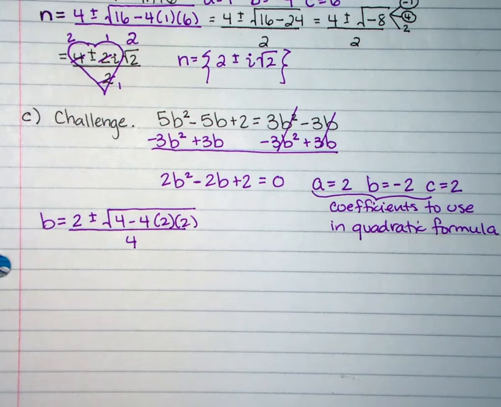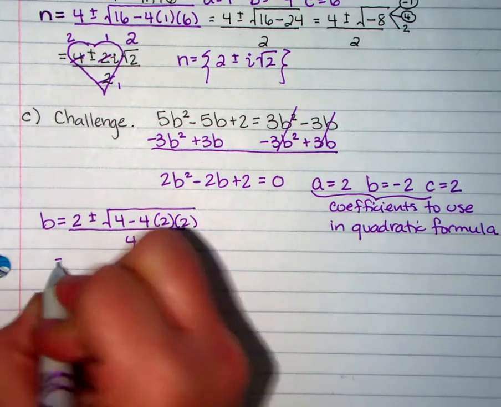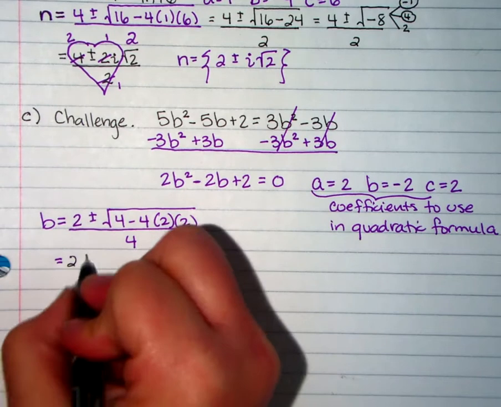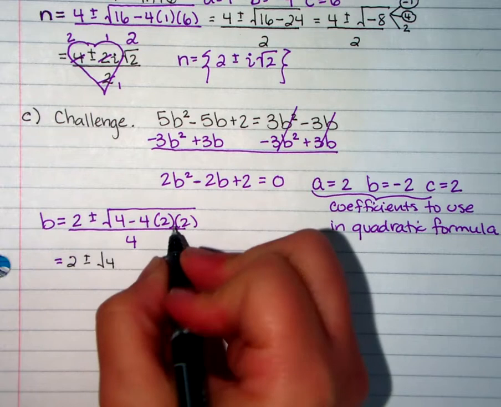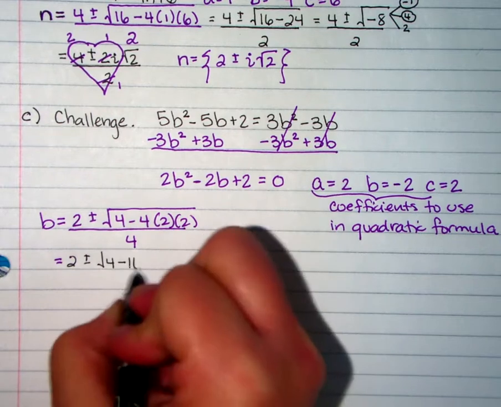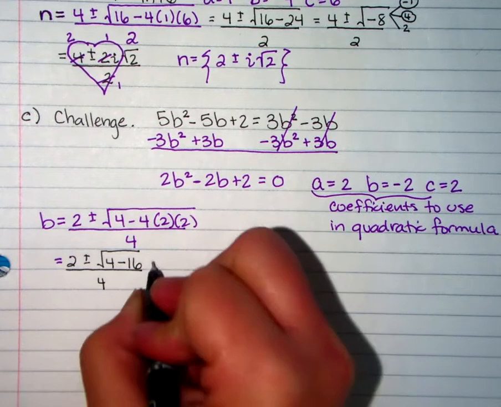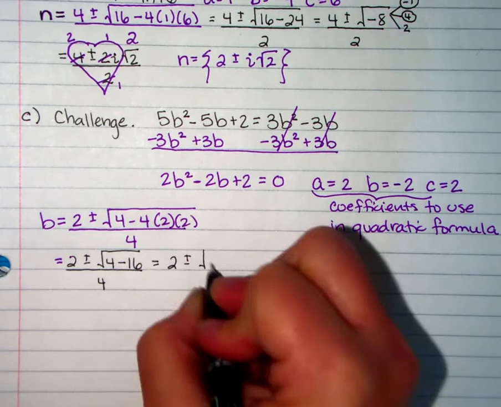And again, when I simplify this down, I have a negative 1, a 4, and a 3 as the factors that create negative 12. So 2 plus or minus square root of 4 is 2. Square root of negative 1 is i. And the 3 is still left under the radical with a 4 at the bottom.